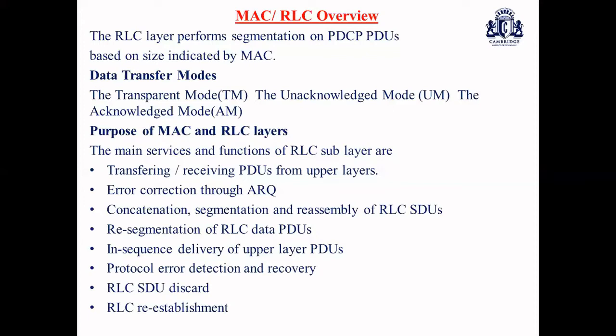When it comes to UM mode, that is, unacknowledged mode, this mode provides in-sequence delivery of data, with no retransmission of lost PDUs. This mode is used by delay sensitive and error tolerant applications such as voice over internet protocol. The DTCH, the dedicated traffic channel, a logical channel, can be operated in UM mode.